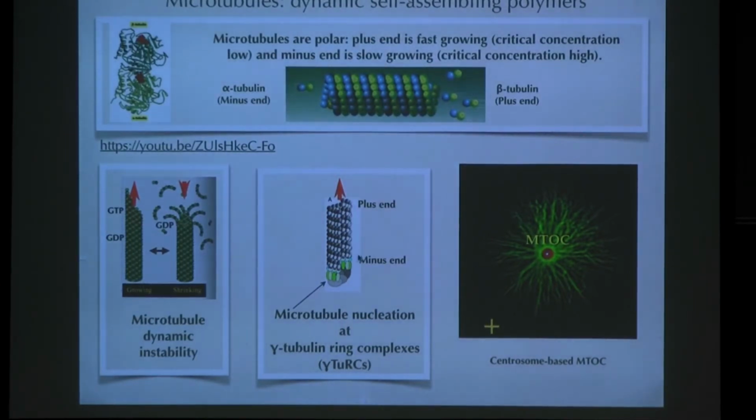So gamma TuRCs are concentrated in specific locations in cells, which are called microtubule organizing centers, or MTOCs. If there is a single microtubule organizing center in vertebrate cells, it is normally centrosome based. Then microtubules will radiate from that center with their plus ends toward the cell periphery.